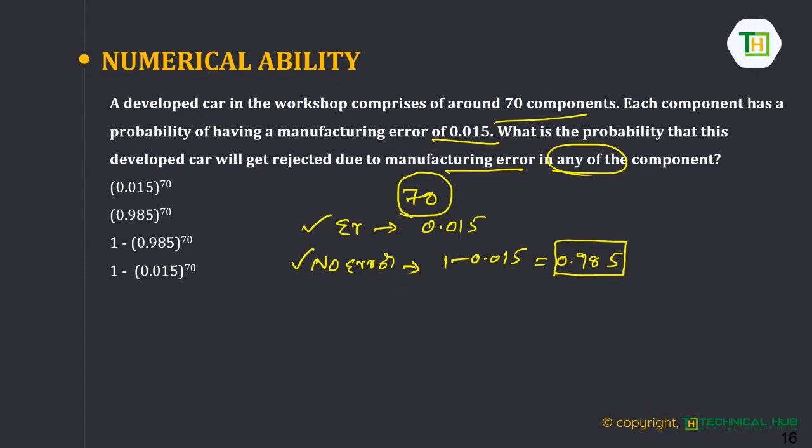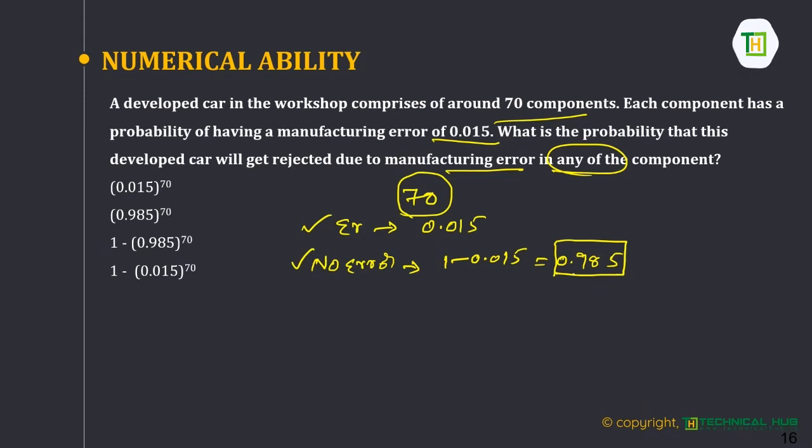When will the car not be rejected? If all the components are error free. Then the car will not be rejected, right? Error free probability is 0.985.